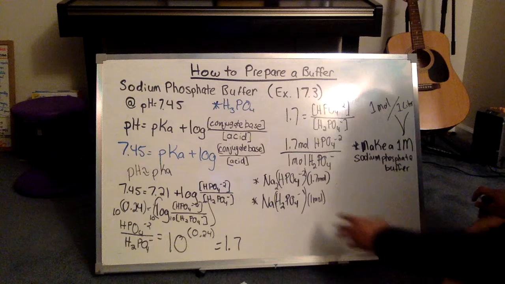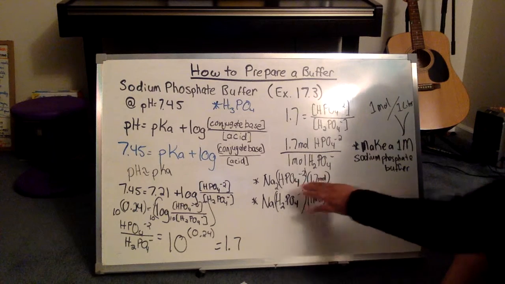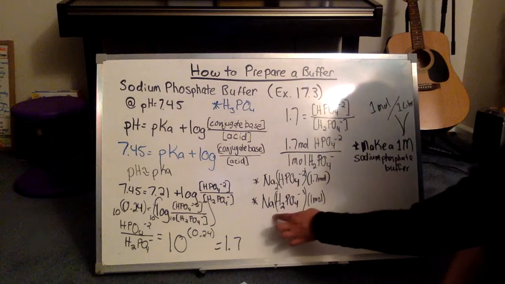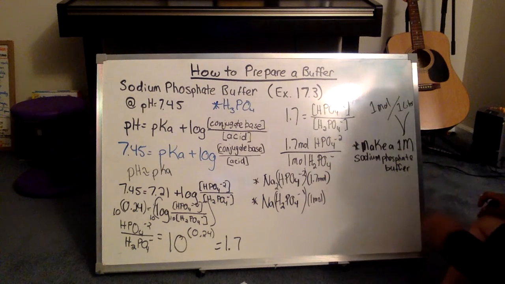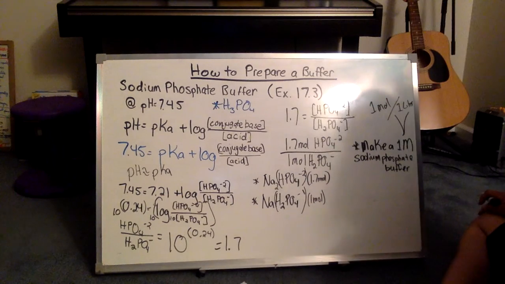Now remember, these are salts. So they are strong electrolytes. So when they dissociate, we end up with just the conjugate bases that show up, which are then used for this ratio so that we can make our 1 molar solution at a pH of 7.45.